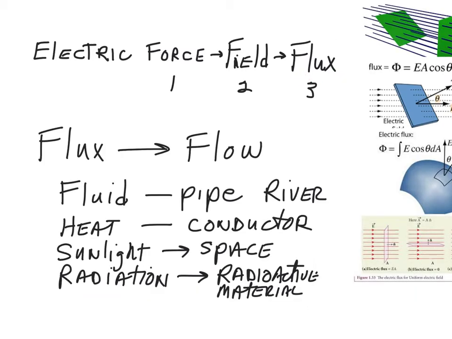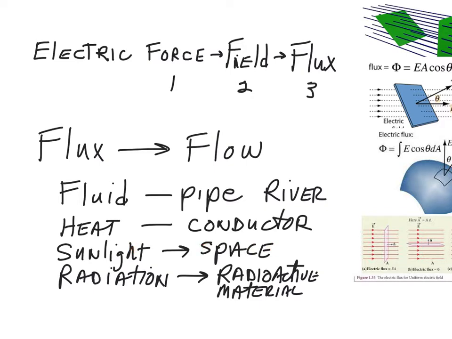So in the most general sense, the word flux refers to flow. And so we could have a flow or a flux of fluid through a pipe, or the flux of water through a river. Heat flows through conductors. We could want to measure the flux of heat through a conductor.